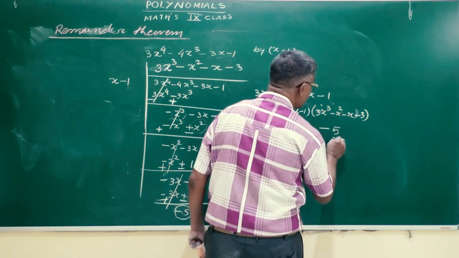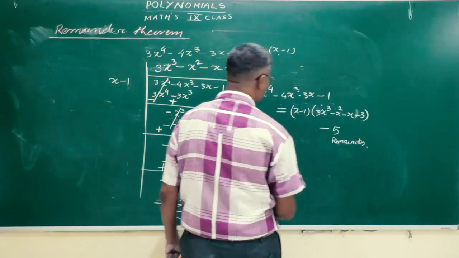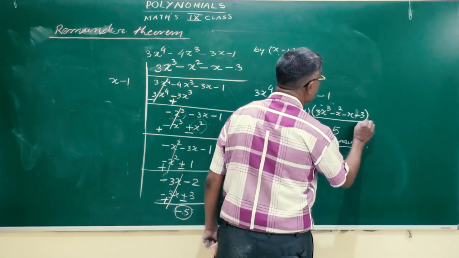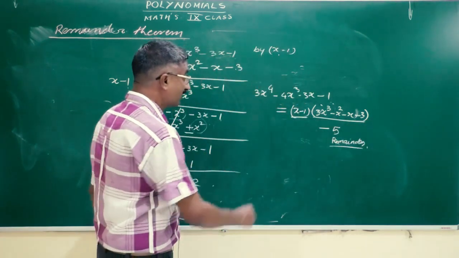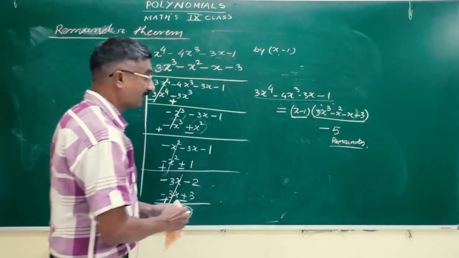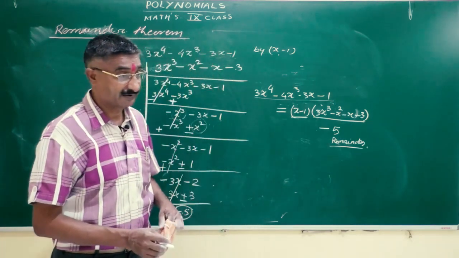So this is the remainder. Clear? X minus 1 is not a factor of this complete equation. Clear? So that's why the remainder is there, it is equal to 5.